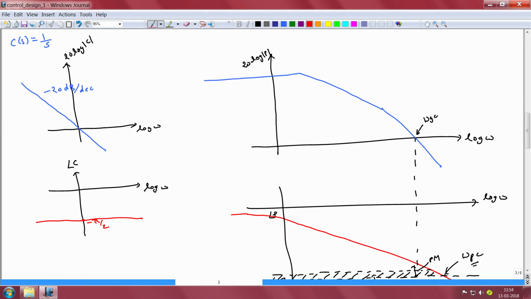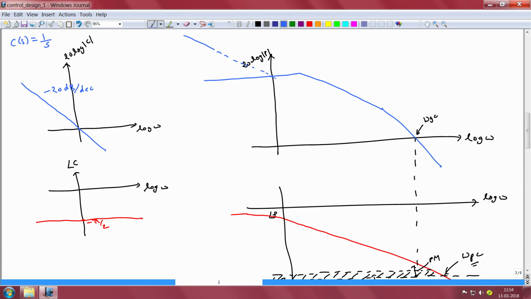Now, if we were to look at the overall open loop characteristics, Bode plot of the open loop system, we have to add the Bode plot of the controller with that of the Bode plot of the plant. So, when we add these two, we see that when log omega is equal to 0, then the gain of the controller is also 0. Therefore, when we add these two curves, we would get a curve that looks something like this.